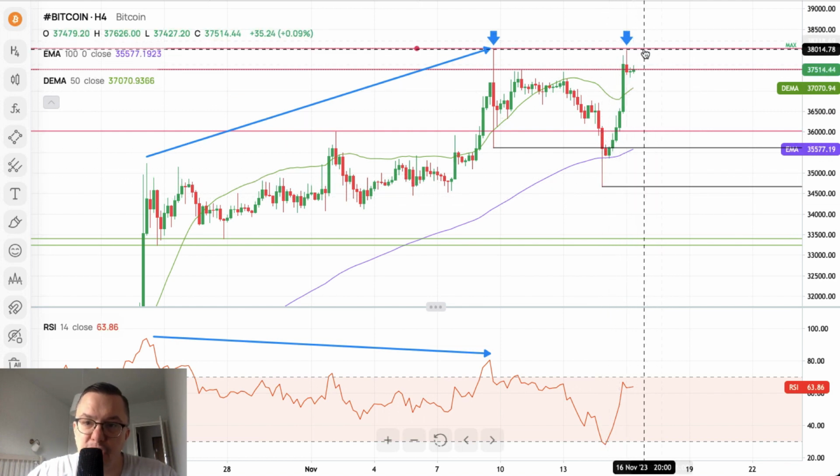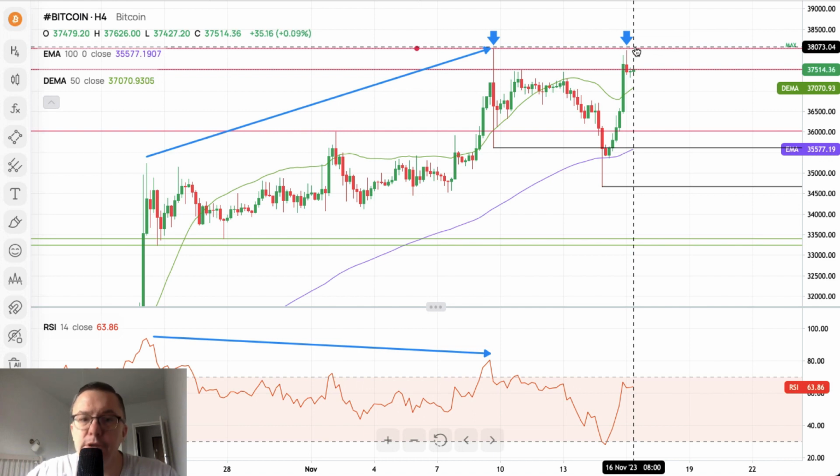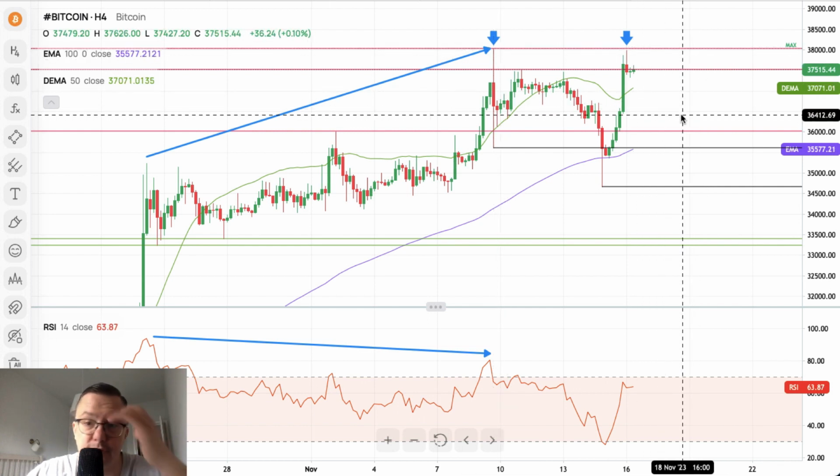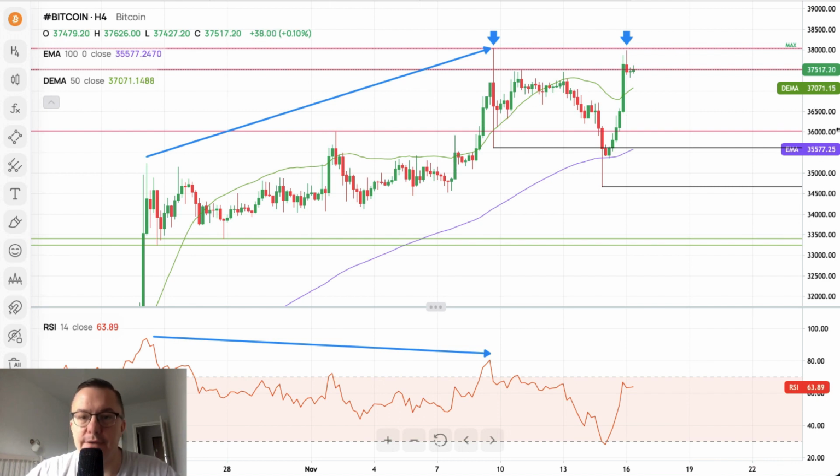We need to see a 4-hour and daily candle close above $38,027 in order to sustain this momentum to the upside and for the uptrend to continue higher. Next target, $40,000 on Bitcoin.